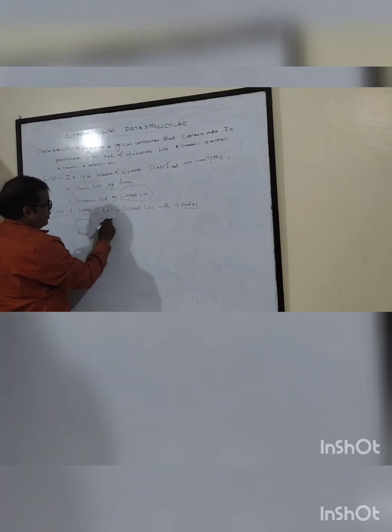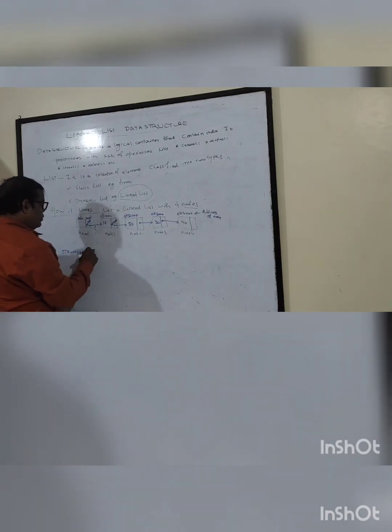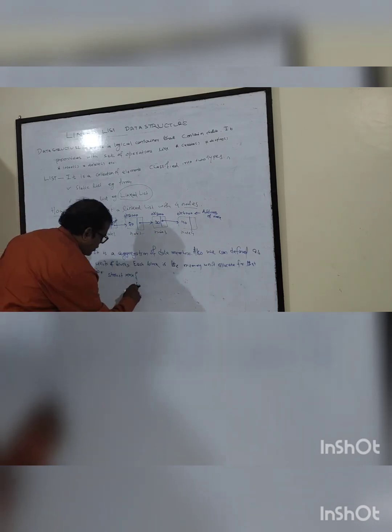and I create node 1. It is nothing but a character. Here I write character, here it is short, here it is B, and here it is character.